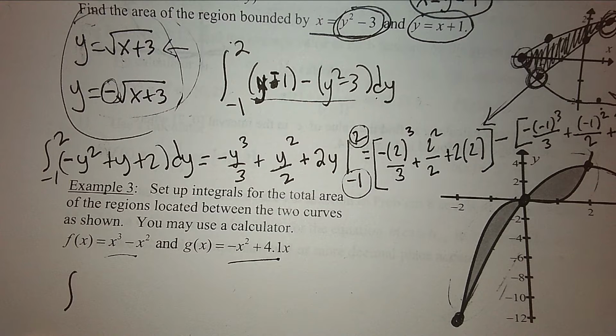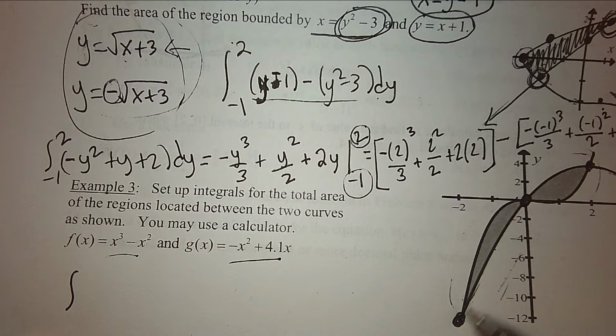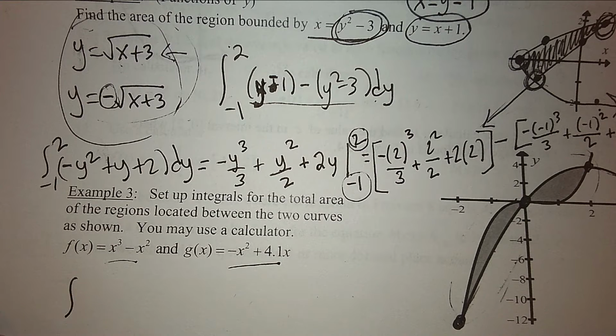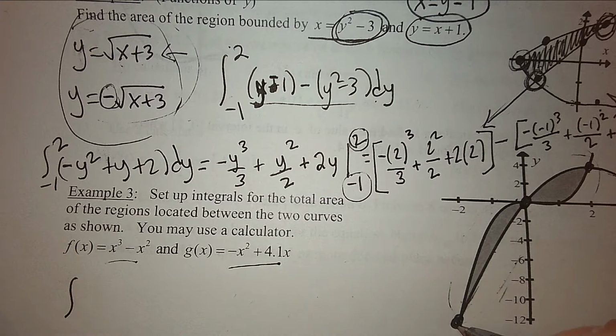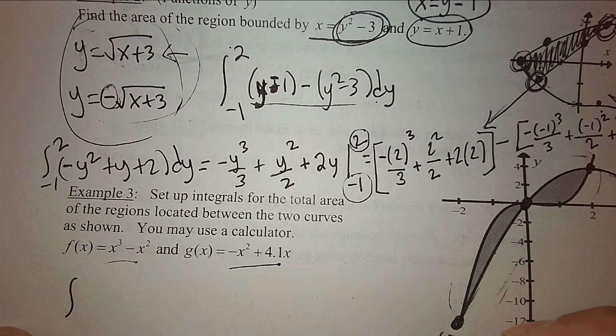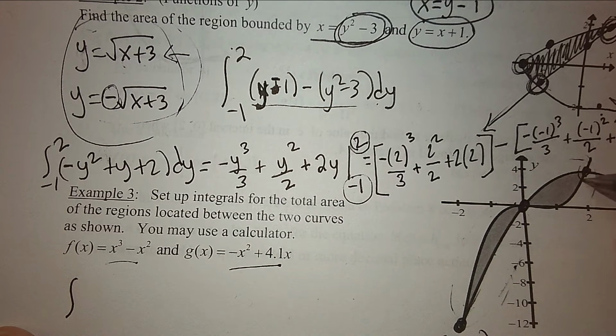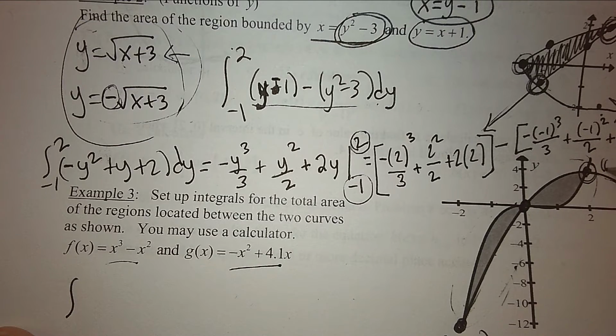So if I have my calculator and I need to solve for this, we're going to do that in a second. We need to know how to find the area with our calculator. So what would the setup be? So this point down here, whatever that value is, let's call that x value p, because we don't know it's negative 2. It's close to negative 2. And this one up here we don't know. Let's call that one q.